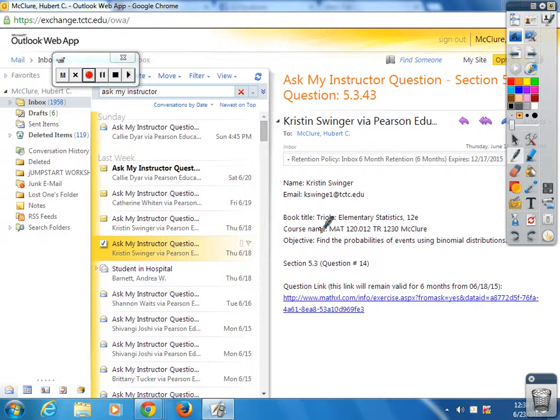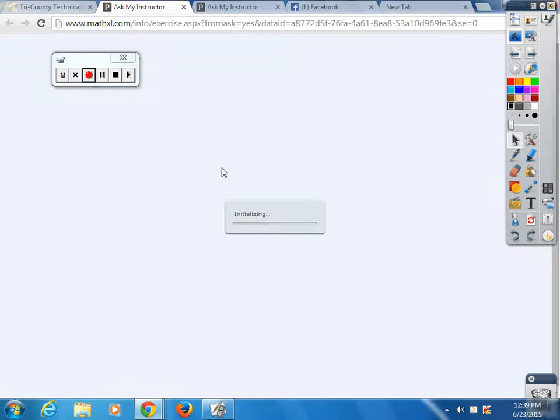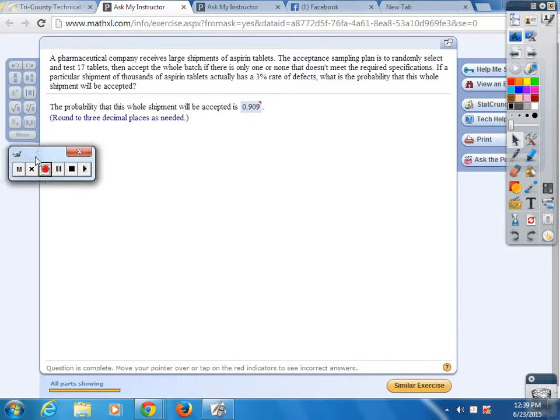All right, the first question we got in chapter 5 is 5.3, 43/14. And this one says, a pharmaceutical company receives large shipments of aspirin tablets.